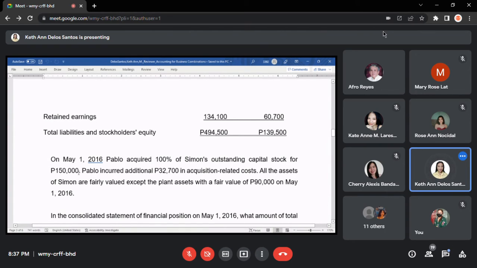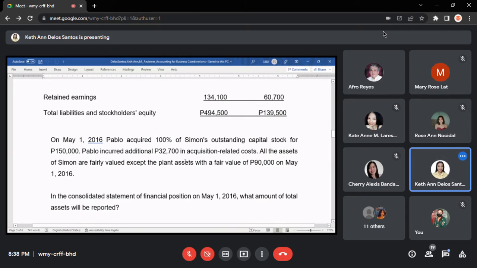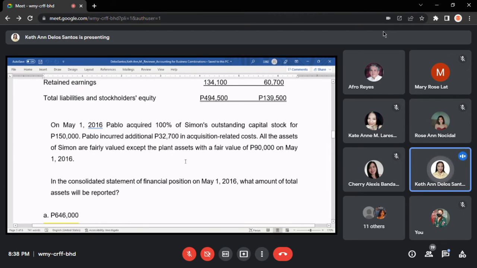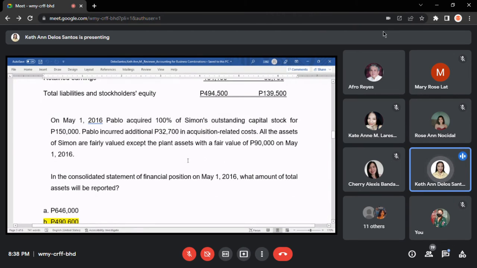Pablo incurred additional 32,700 in acquisition related costs. All the assets of Simon are fairly valued except the plant asset with a fair value of 90,000 pesos on May 1, 2016. In the consolidated statement of financial position on May 1, 2016, what amount of total asset will be reported?